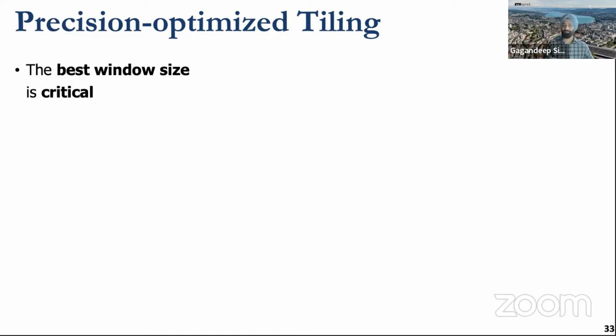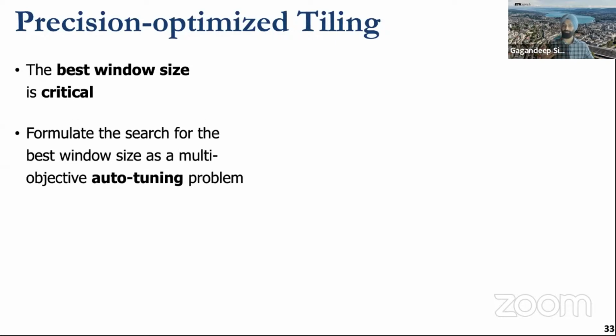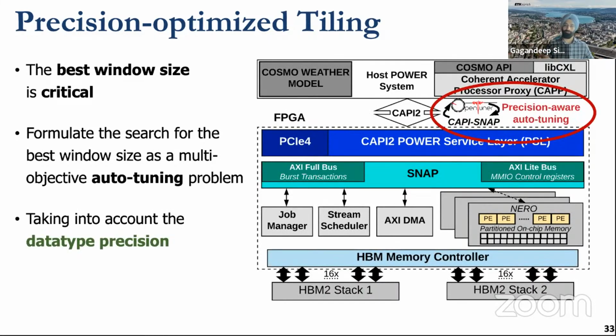So instead of just offloading a random, manually designed window, we formulate the search of the best window size as a multi-objective auto-tuning problem. We use machine learning to understand the best window size, taking into account the precision of the data, because with different precision types, either single precision or double precision, you get a different window size that would be ideal for your execution.